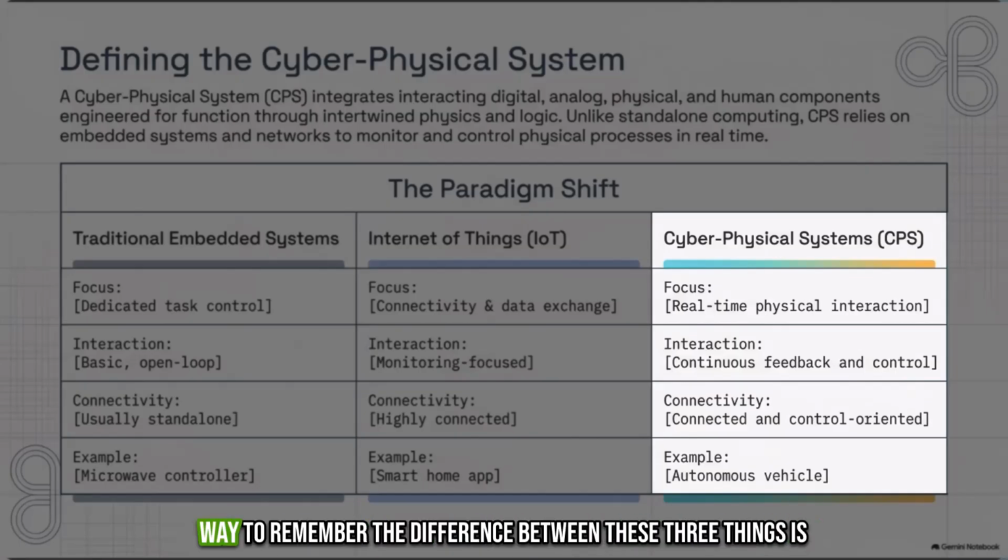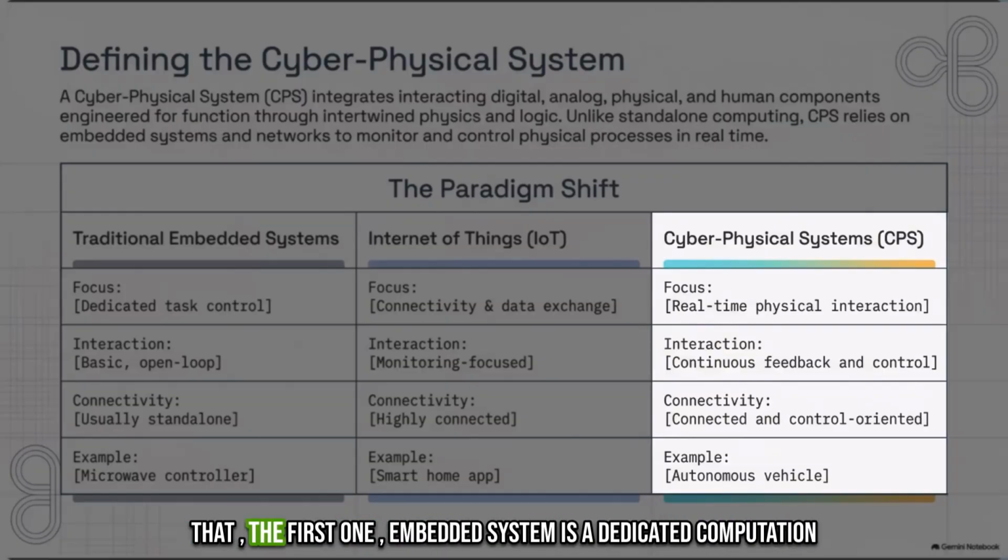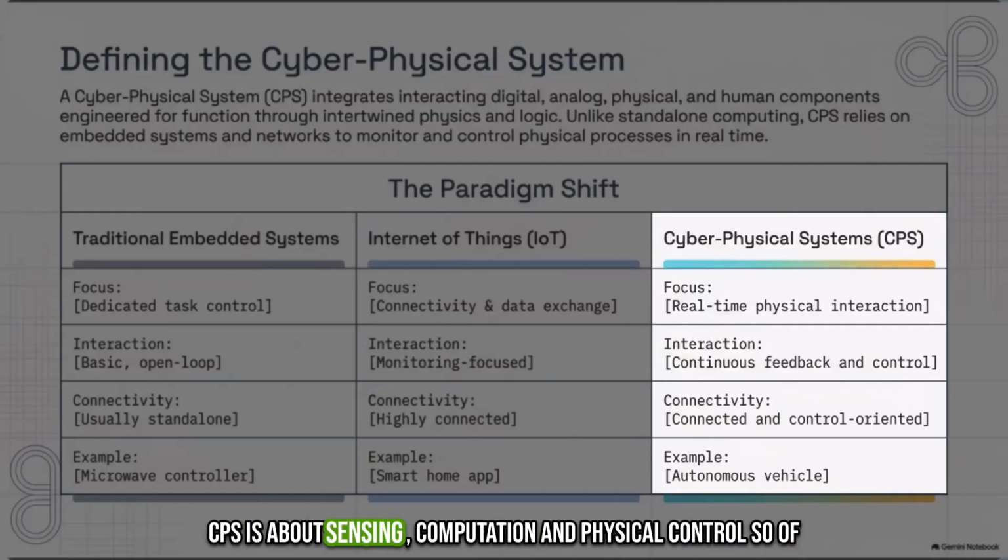So a simple way to remember the difference between these three things is that the first one, embedded system, is a dedicated computation mechanism. IoT is about connectivity and data exchange, and then CPS is about sensing, computation, and physical control.